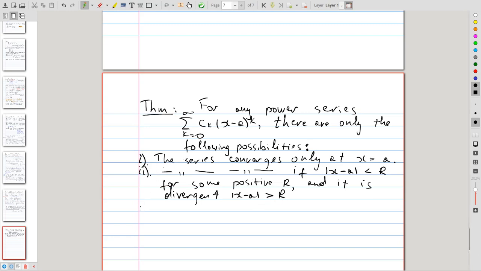And finally, the third possibility is that this series converges for all values of x. Case 3 is it is convergent for all x on the number line.